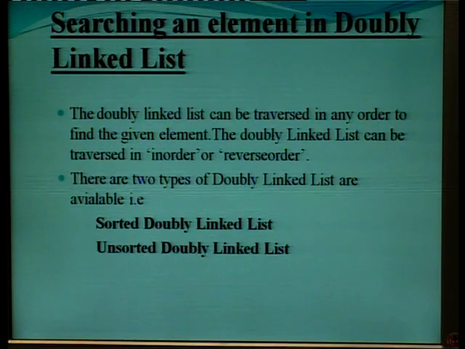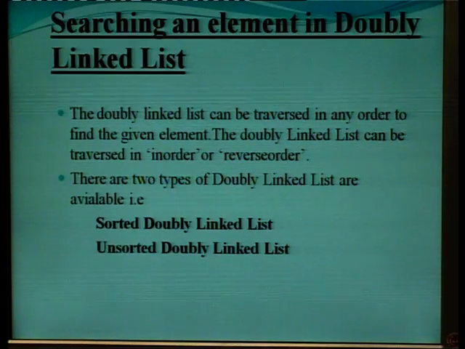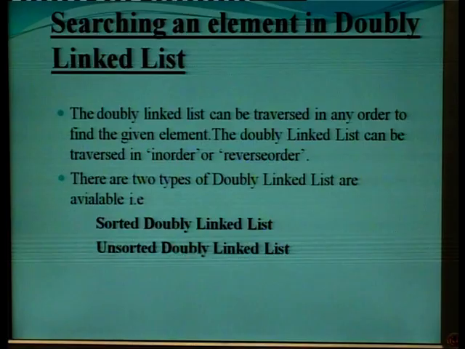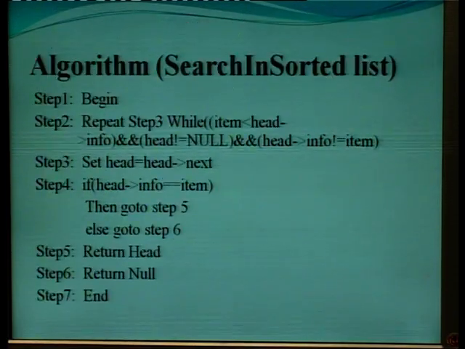In a sorted doubly linked list, all the information or data is sorted according to either a top-down or bottom-up approach. In an unsorted doubly linked list, data is stored whether in A to Z form or Z to A, in whichever form.